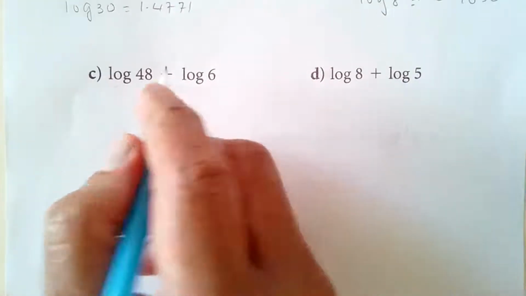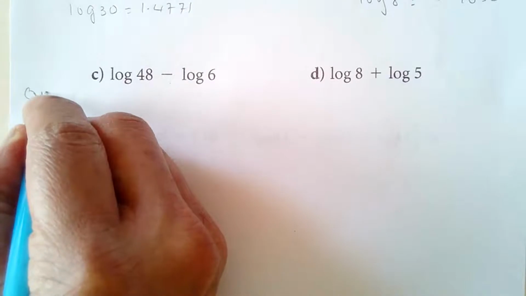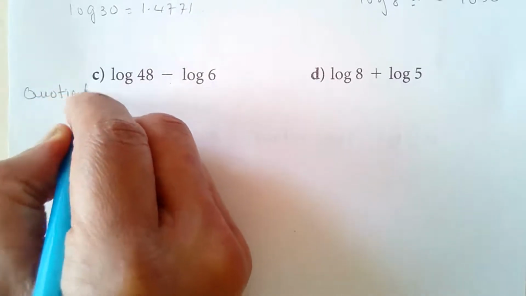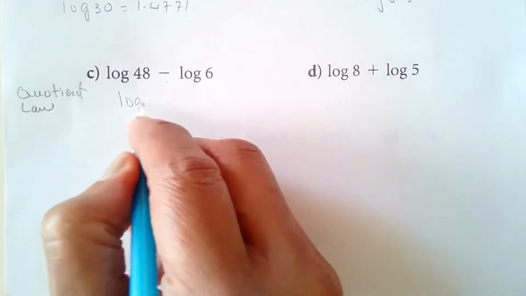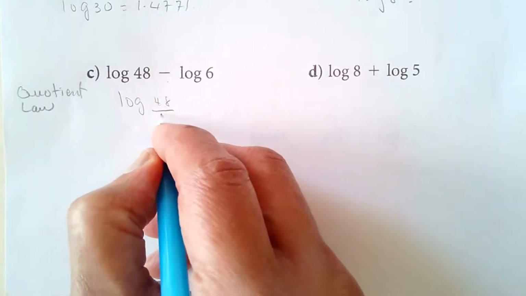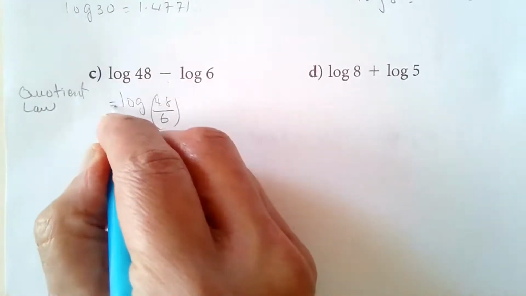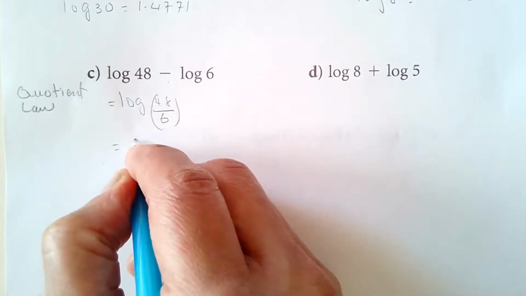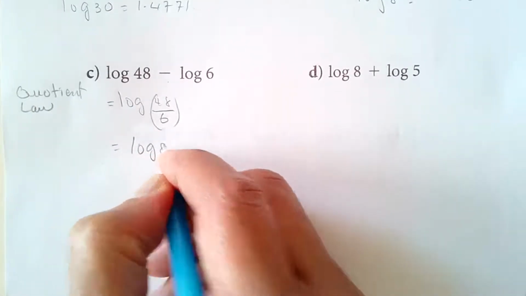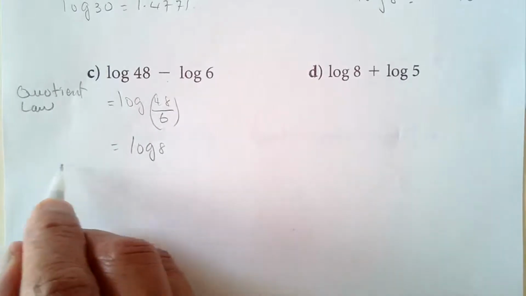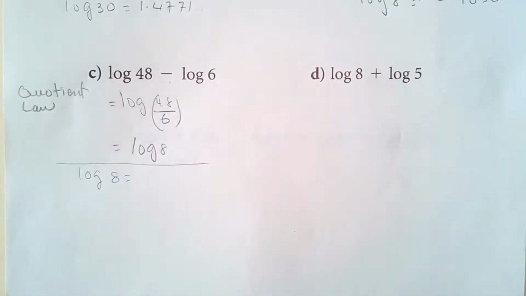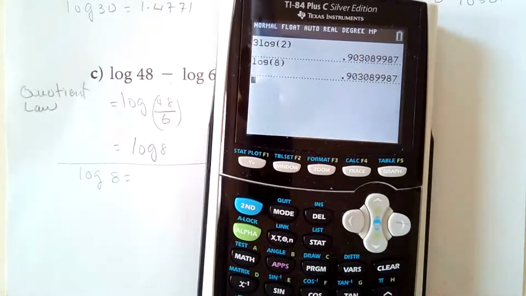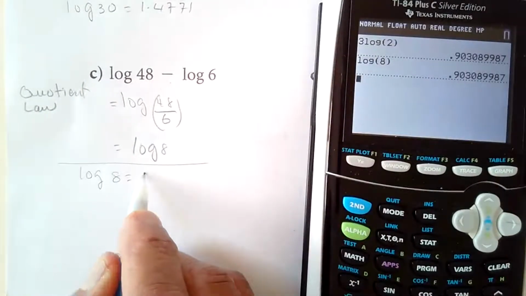In this case, we use the quotient law. So log 48 over 6 gives me log 8. So we should have, verify, log 8 was 0.903.